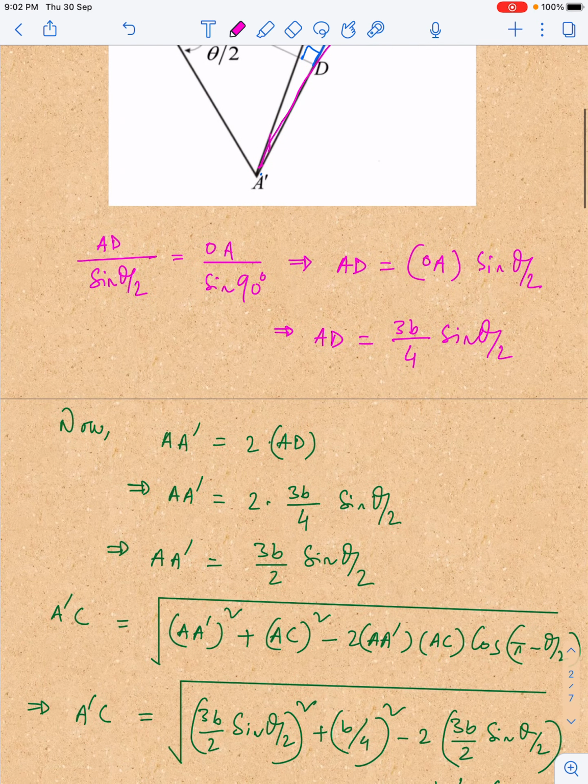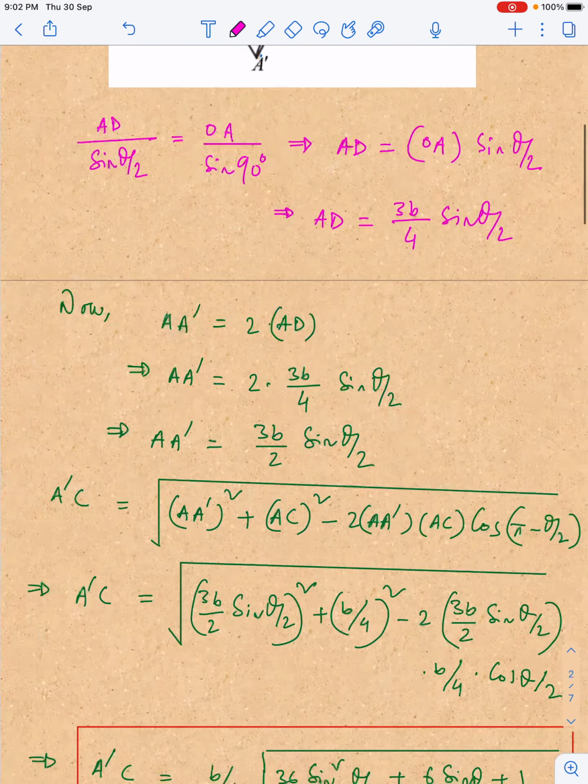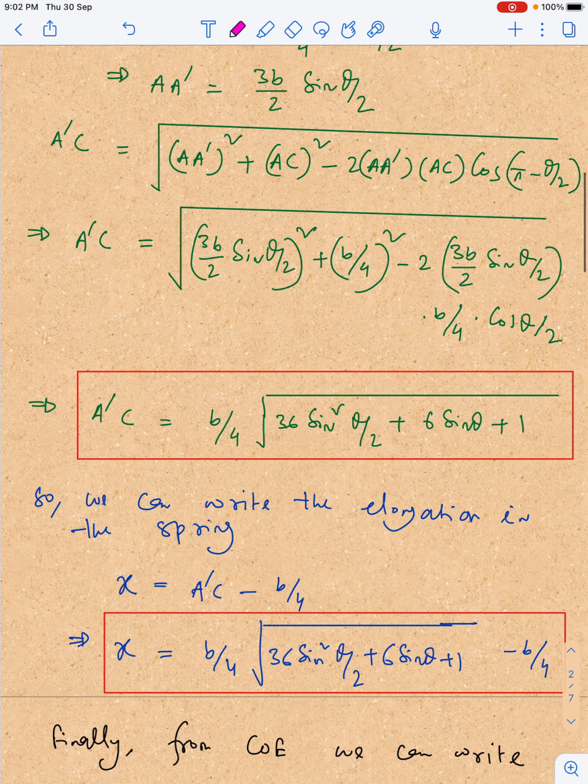It's a simple thing to understand. If I follow the calculation from there, I can get the value of A prime C, which is coming to be b by 4 root under of 36 sine squared theta by 2 plus 6 sine theta plus 1. You can do your own calculation and let me know in the comment box whether it matches with this or not, because as you know, I am a self-proclaimed champion of calculation mistakes.